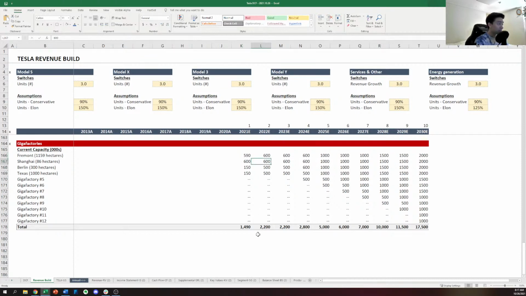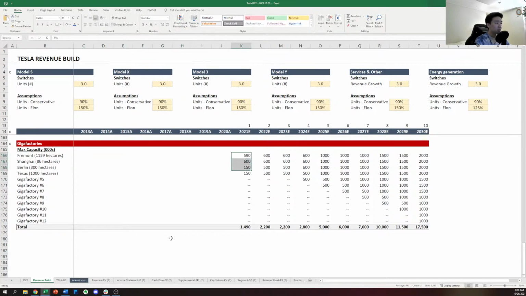But so what I did here, let's start by building out capacity. And these are going to be super rough estimates. Let's write here current max capacity. This is in the thousands.